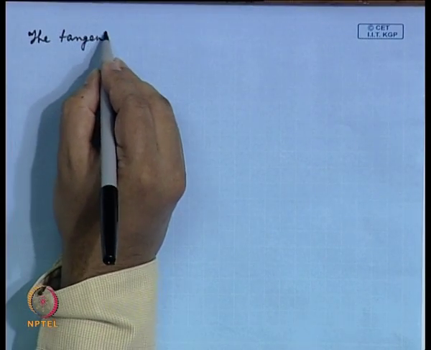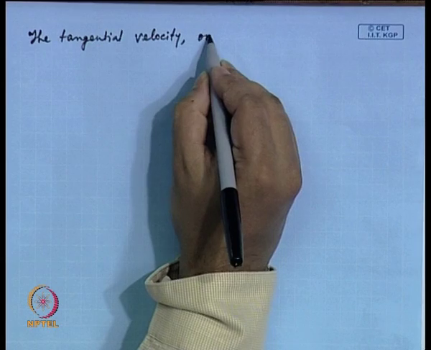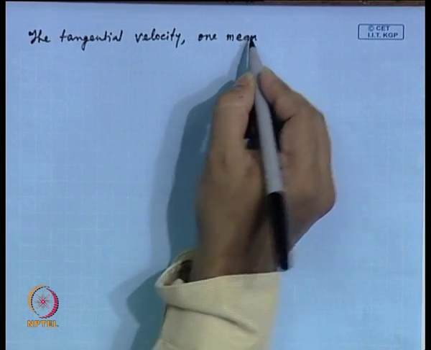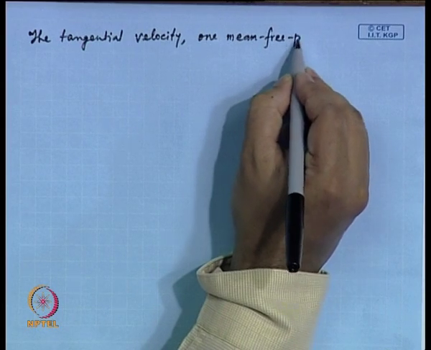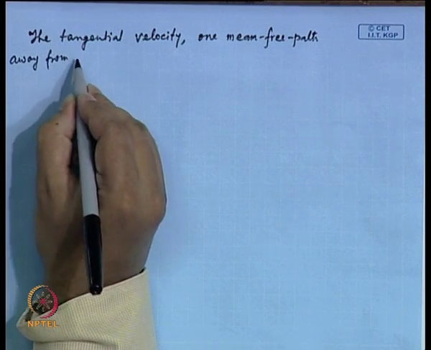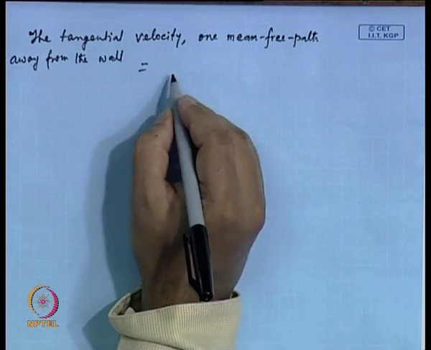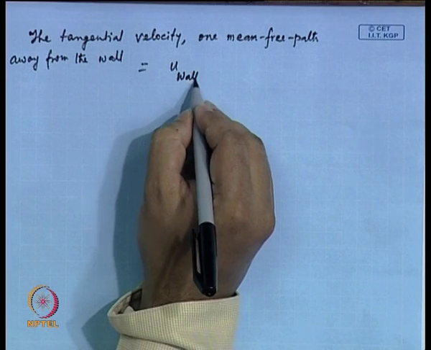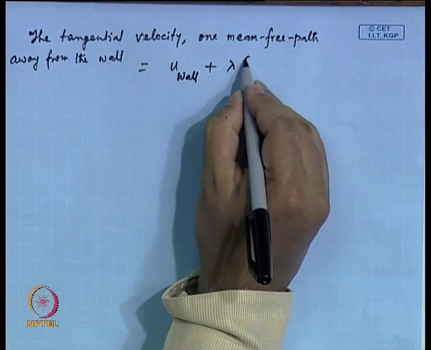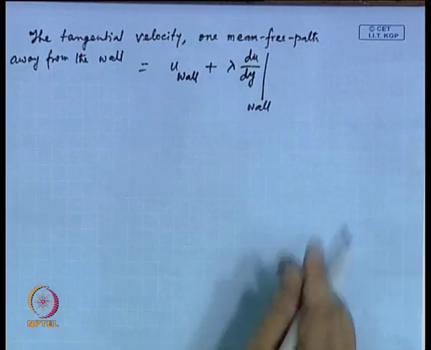The tangential velocity one mean free path away from the wall is considered as u wall plus lambda du/dy at the wall. What are we doing exactly? Can you guess what is happening here?